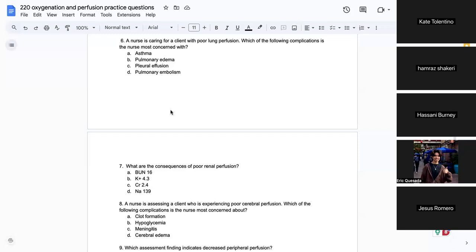I can kind of see where you guys are getting D from. Are you guys thinking because it's like stagnant blood creating a clot, or are you guys thinking because they already have poor lung perfusion, there's already a pulmonary embolism inside the lung?